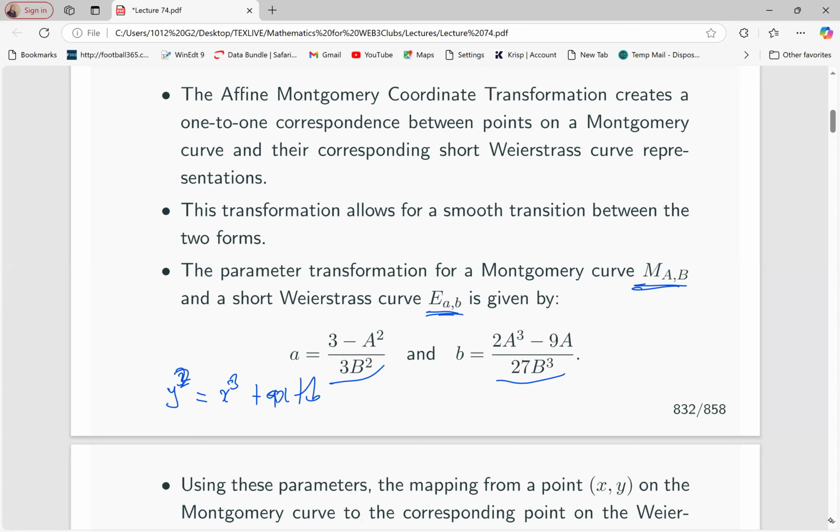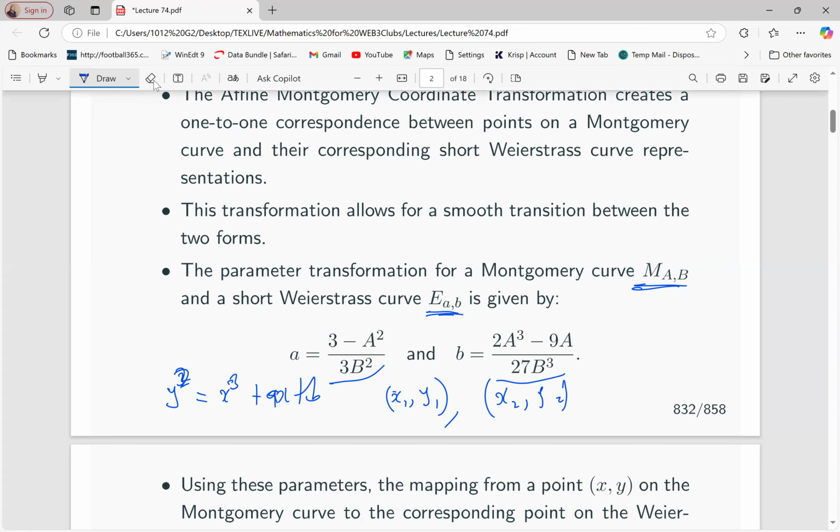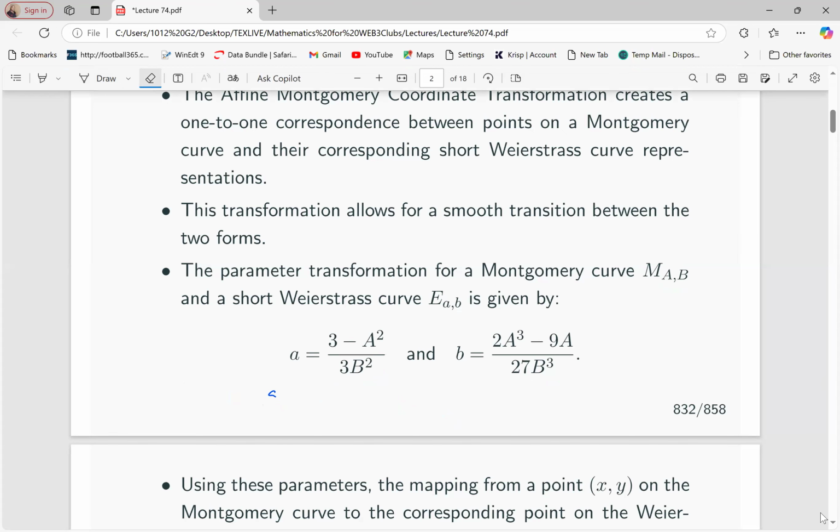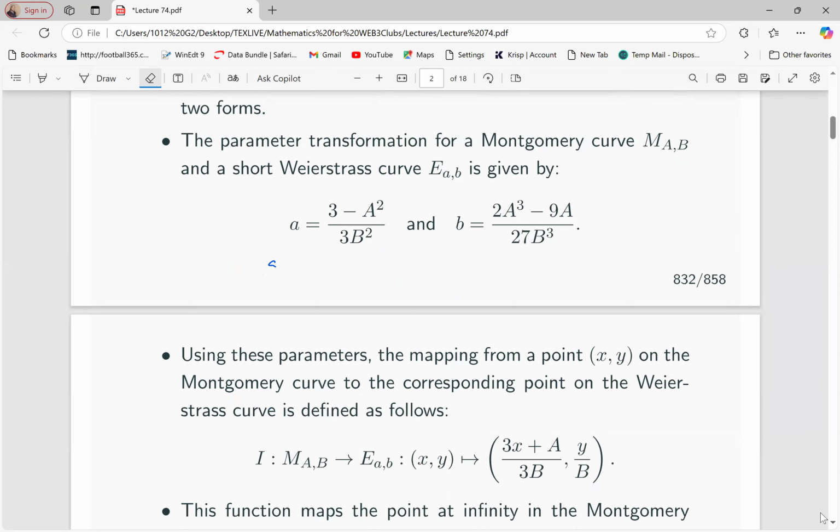We are interested in how we find x and y, so that we can have point x1, y1, point x2, y2, and so on. But for us to get those x and y, first of all, we must find the constants.